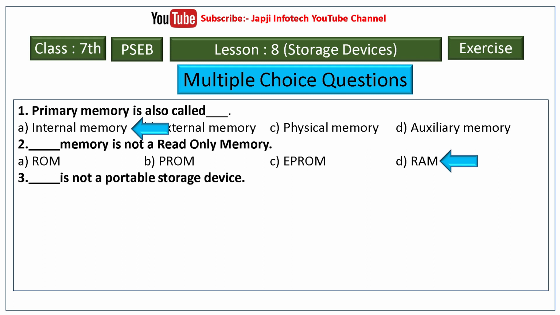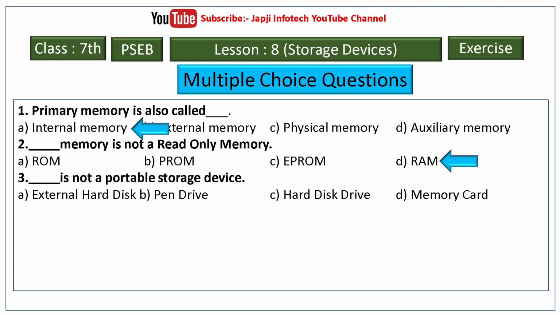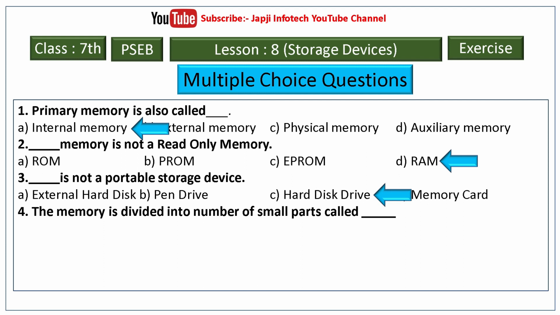And the third one is: dash is not a portable storage device. The options are external hard disk, pen drive, hard disk drive, and memory card. The right answer is hard disk drive. The fourth one is: the memory is divided into a number of small parts called dash. The options are cell, area, intersection, and none of these.